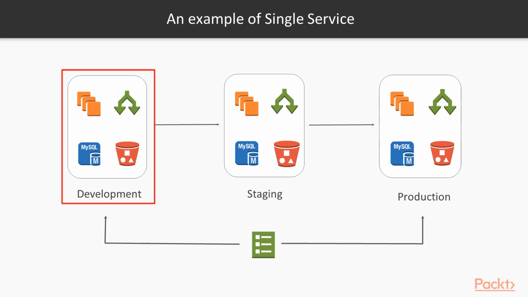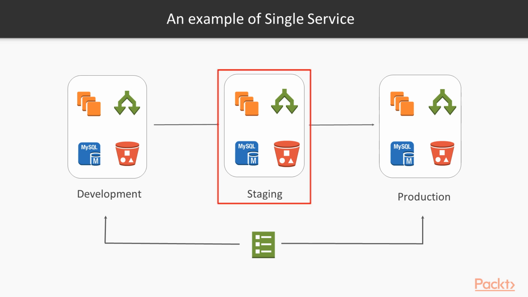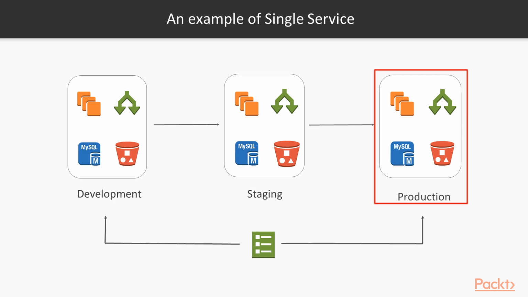Now, once this environment is built in development, definitely there will be a need in the future that a similar replica should be built in the staging environment as well. Now, after the staging environment is tested and everything is working fine, again the requirement will come where you have to build a similar replica environment in production as well.